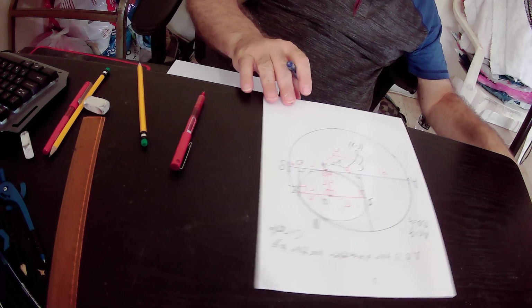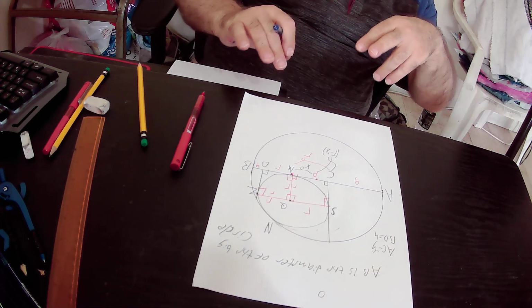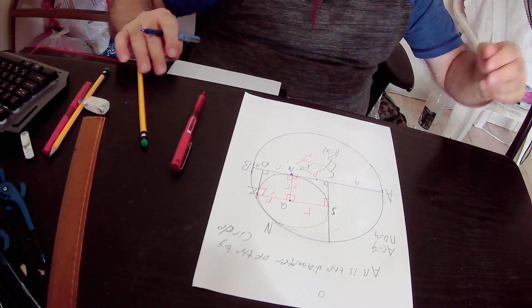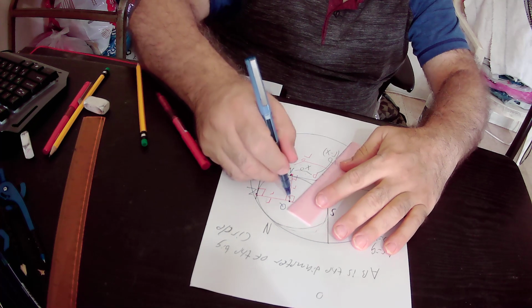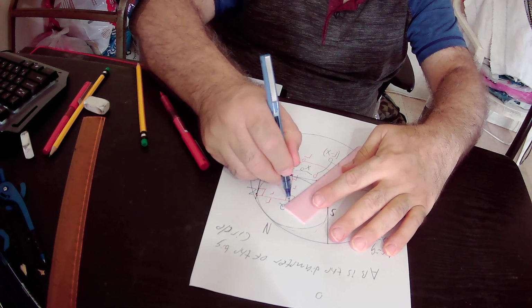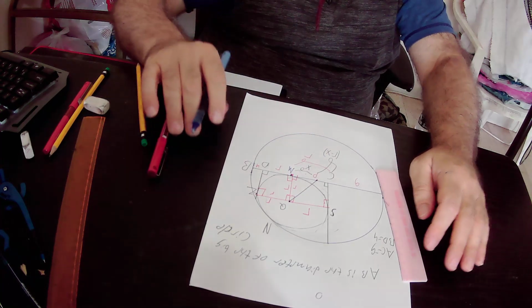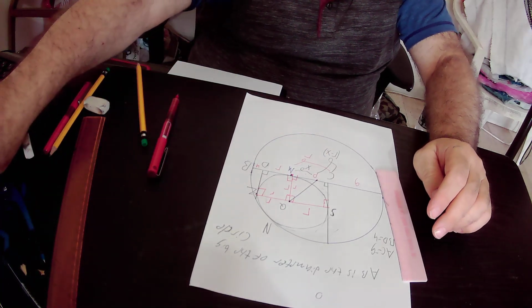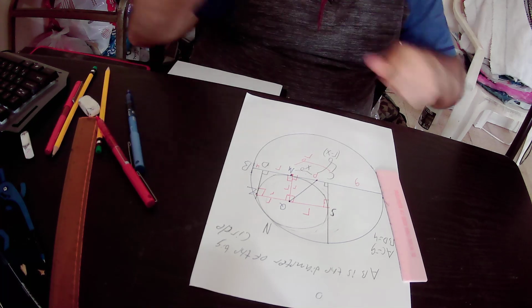In the next step we will connect together points Q and P by a straight line. And actually we have here a right triangle.